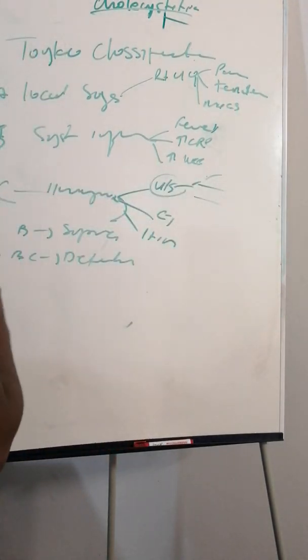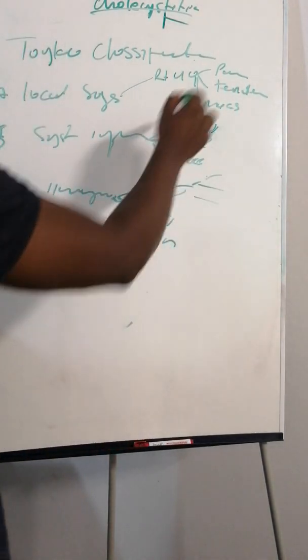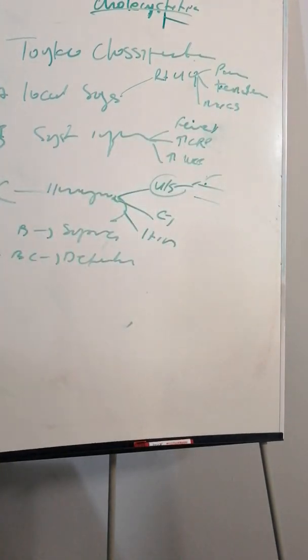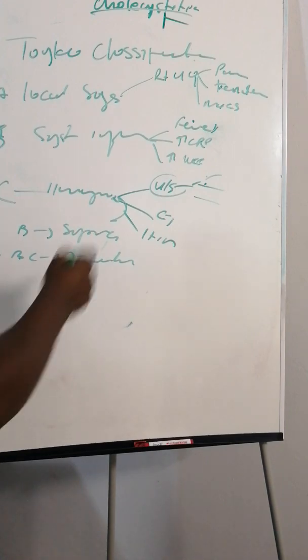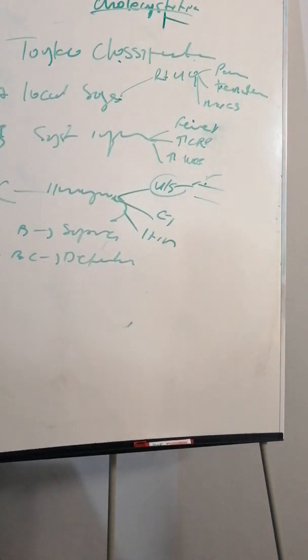I'm sure there are others as well. So the minute you've got one here, one here, one here, then that's definite cholecystitis. But if you've got none, then it's not cholecystitis. But if you've got one, suspect cholecystitis. So remember, Tokyo classification.